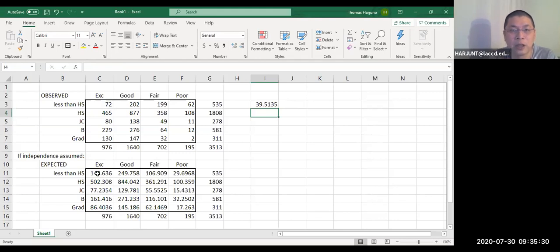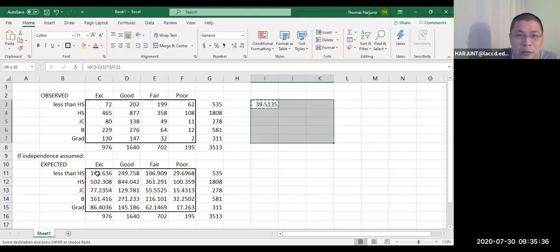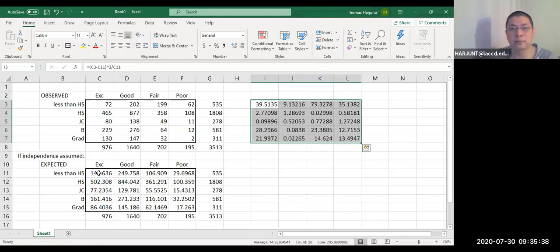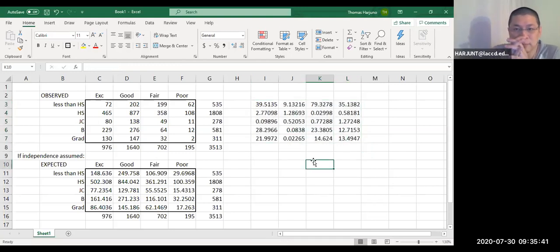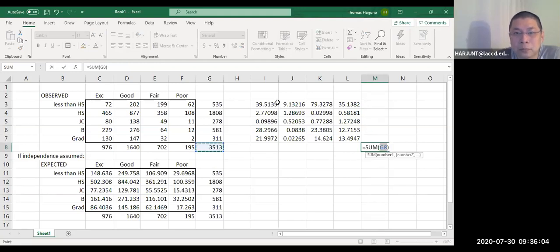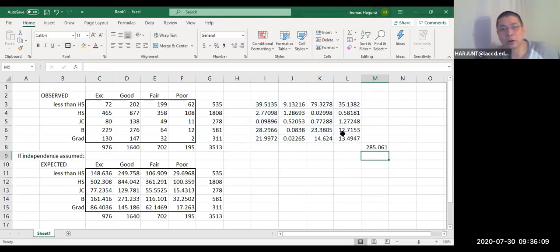Then I will copy that, so you will see that this cell, for example, is coming from C4, this guy, minus this guy, whatever the difference you square, and then divide by this guy. Now I will get the sum. This is our chi-square.